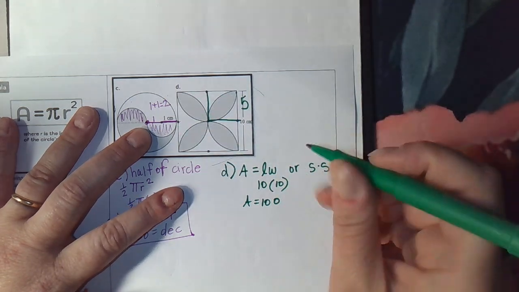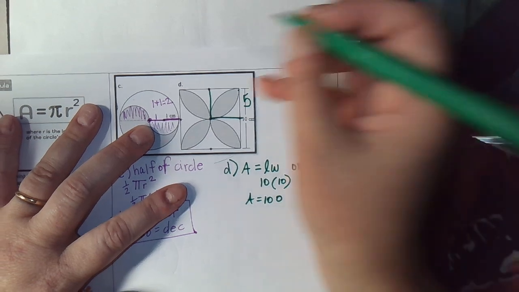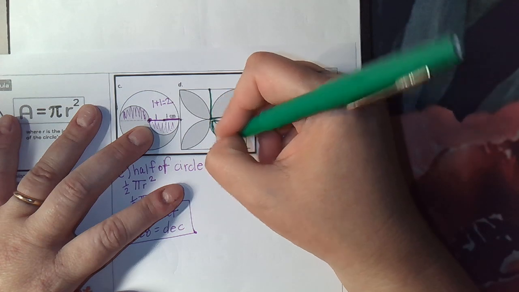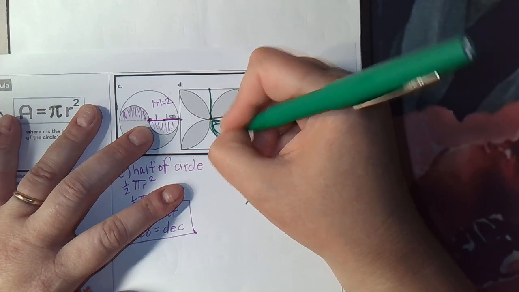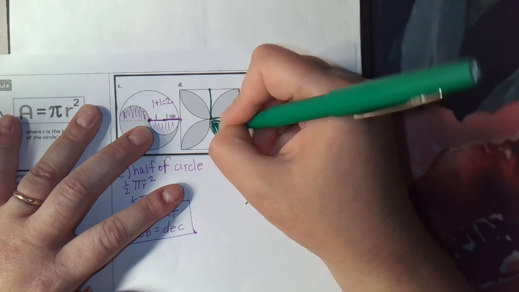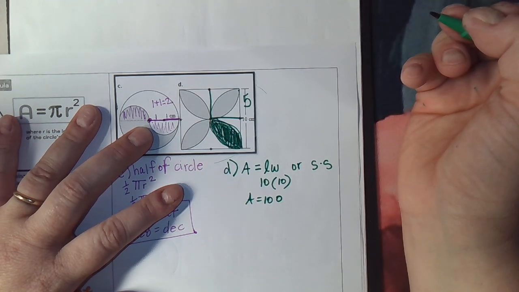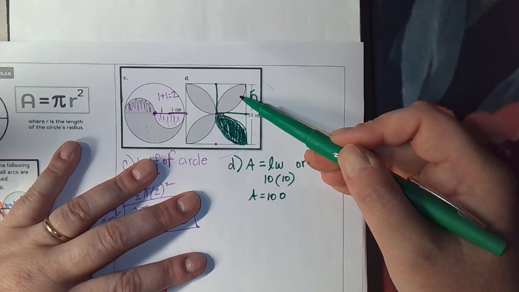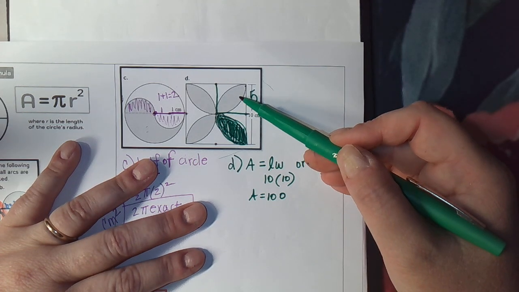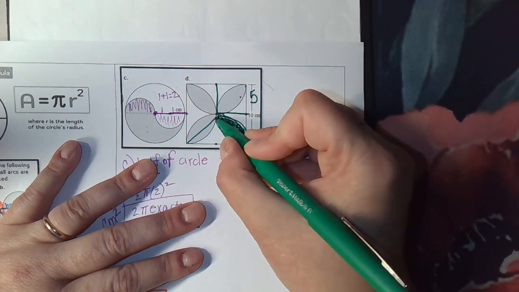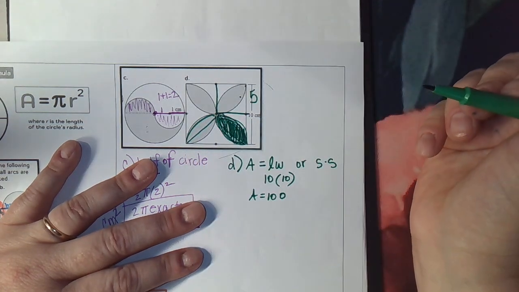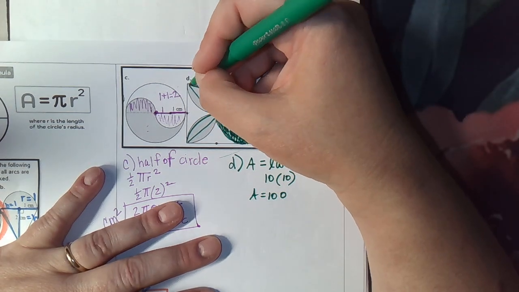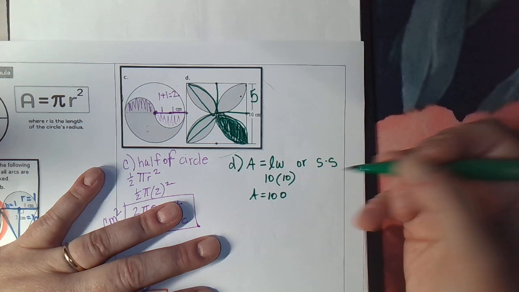Now, to find the area of these little petals, we're going to say that these petals kind of look like the top half of a circle. So the closest thing we can get is to say that half of this petal is a semicircle.